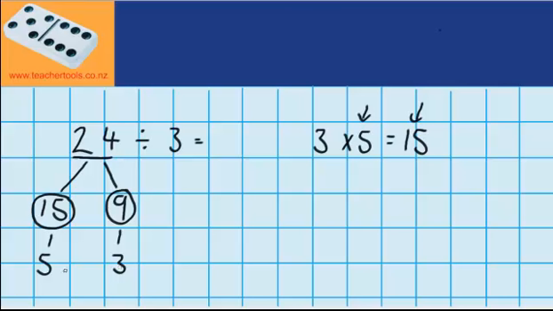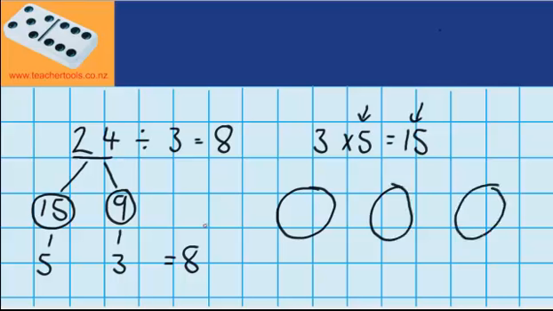So when I first shared out the counters, I put 5 in each group, and on my second share I put 3 in each group, so 5 plus 3 equals 8. So 24 divided by 3 equals 8. We can check that by drawing a picture as well. We had 3 groups.